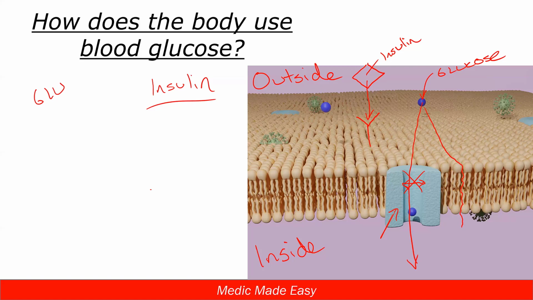Some things can move across that cell membrane very easily. Others can't for a number of reasons. And one of those reasons is the actual molecular structure is too big. Right? So with sugar, with glucose, it's too big. So it needs these bigger channels, these bigger doors, to open up so that glucose can move into the cell.